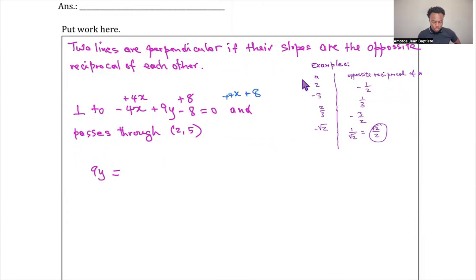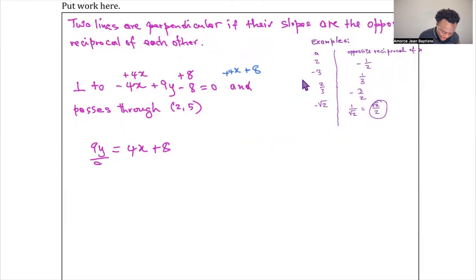And then 8 on both sides. So that's 9y equals 4x plus 8. And then we will divide both sides by 9 to get y by itself.